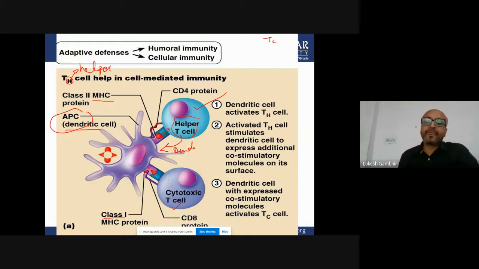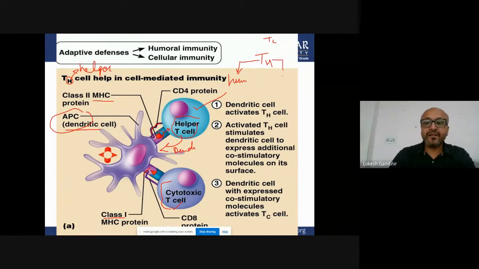So please remember, until and unless the signal is provided by the T helper cell, the dendritic cell will never be able to mount and activate the cytotoxic T cell. That is the reason why we call the H cell a T helper cell. So the T helper cell performs the helping function in both humoral as well as cell-mediated immunity. In cell-mediated immunity, it is responsible for activation of the cytotoxic T cell, and in humoral immunity, it is responsible for the activation and clonal expansion of B cells.